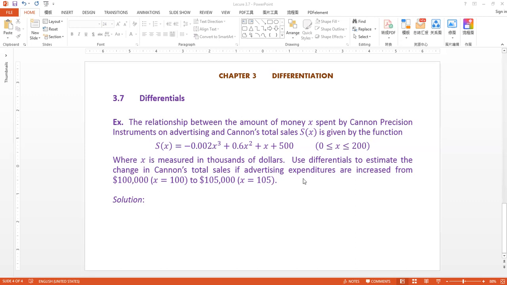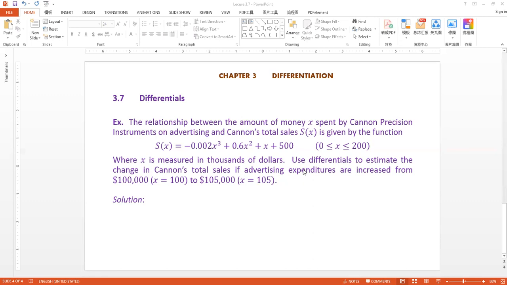All right, so the question is, use differentials to estimate the change in Canon's total sales if advertising expenditures are increased from $100,000 to $105,000. Okay, so namely from X equal to 100 to X equal to 105 in the units of $1,000.